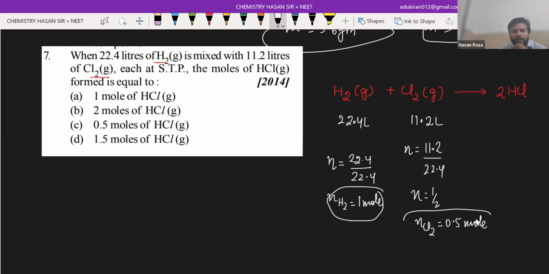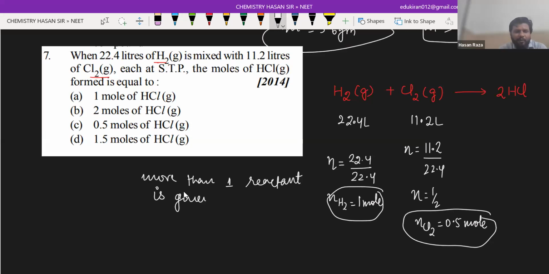Always remember that when more than one reactant's value is given, then what do you need to do? Check for limiting reagent. So how are you going to check the limiting reagent? It's very simple.